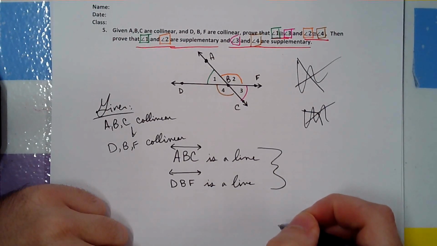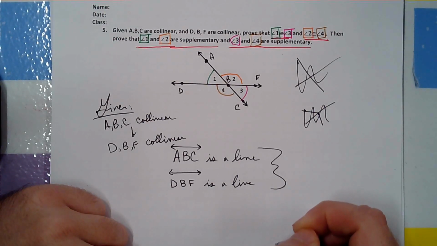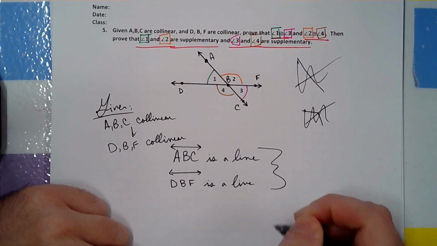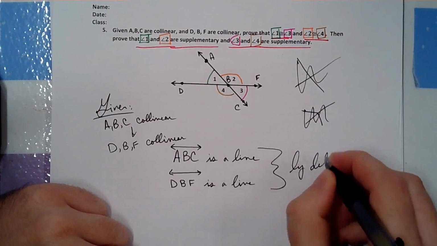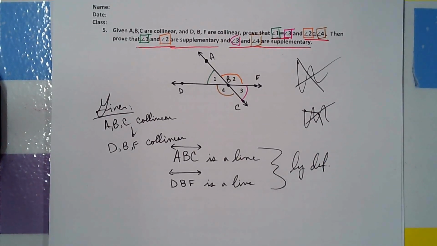We haven't defined a line in here, because at some point the madness has to stop. But the definition of a line would be that all the points on a line are collinear. So, by definition, if ABC are collinear and DBF are collinear, then ABC and DBF must be lines. Cool. So we know those are lines.